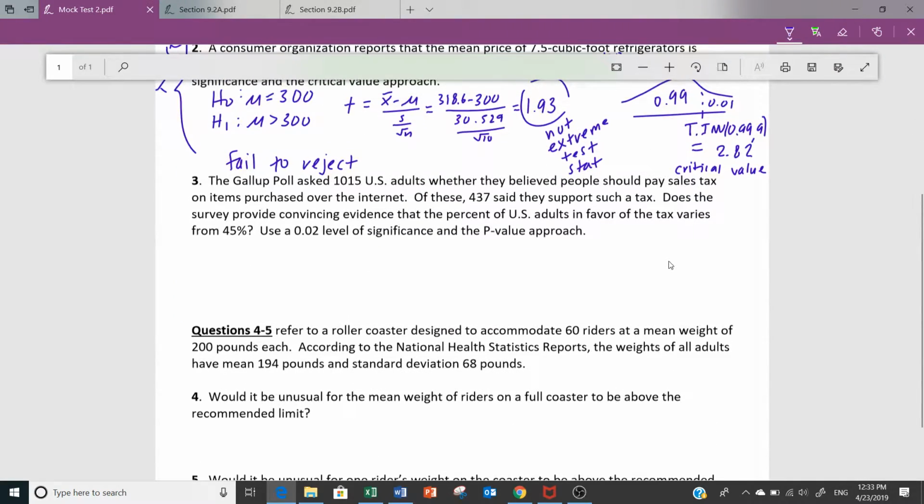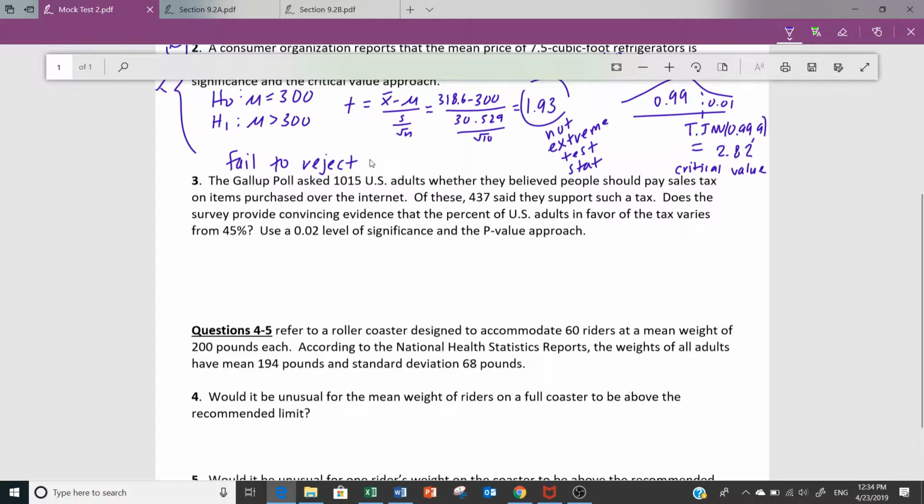Okay, next, we're gonna do a proportion. We're deciding whether people believe in paying sales tax. I probably would say no. That's why only 437 said yes out of 1,015, because who wants to pay sales tax? I mean, a lot of us kind of get away with not paying sales tax. That's why on Amazon.com, if you order it and it's out of state, you don't pay sales tax. But these people believe that you should pay sales tax.